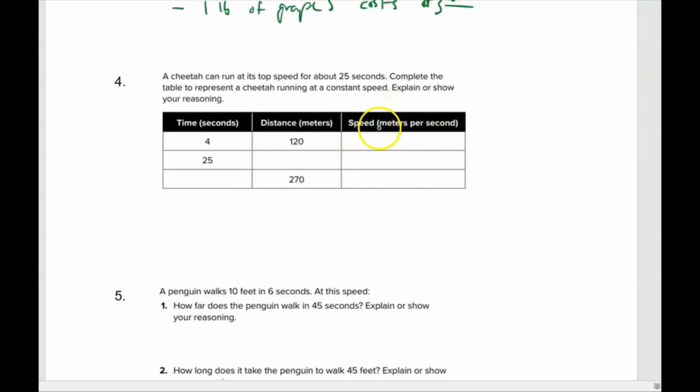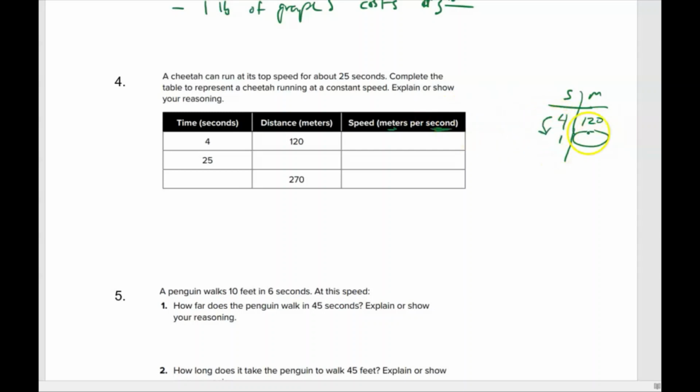So to find speed, it says find meters per second. All right, so I want to find how far I can go in 1 second. Okay, so if I have seconds and I have meters, and 4 seconds is 120 meters. What's my speed? Well, again, it's how many meters per 1 second.